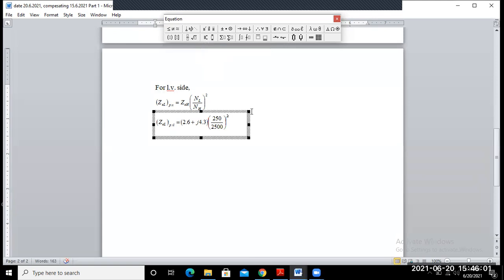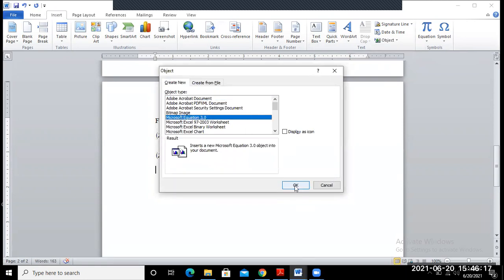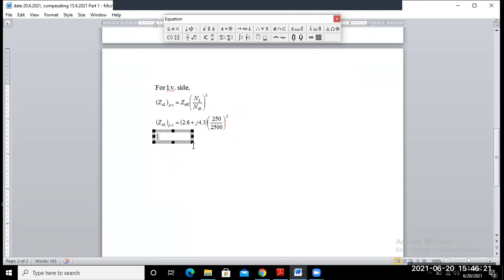So ZEL in per unit equal to 2.6 plus j 4.3.